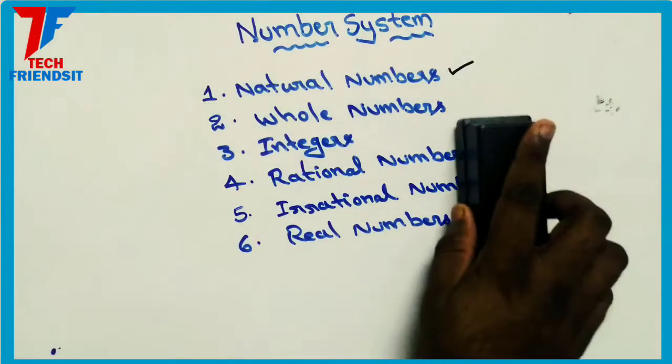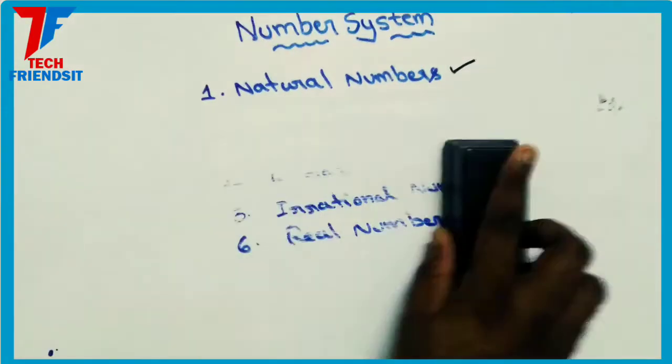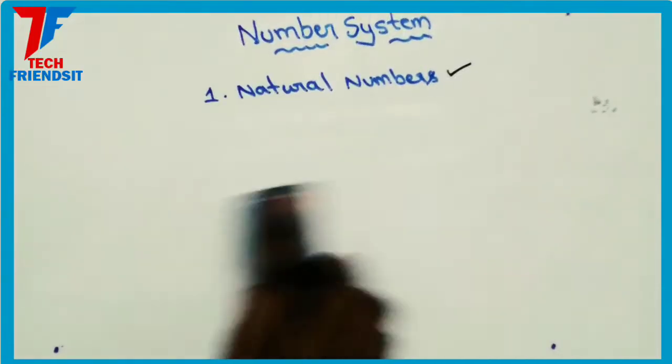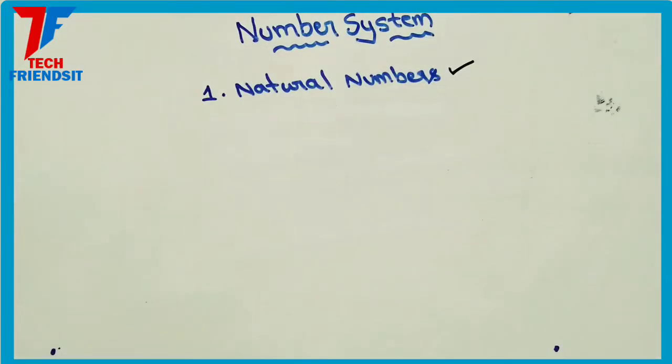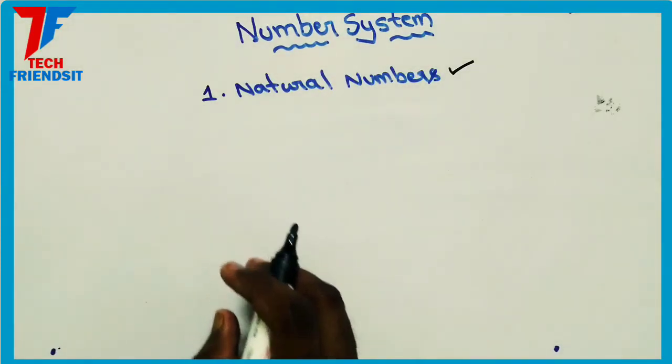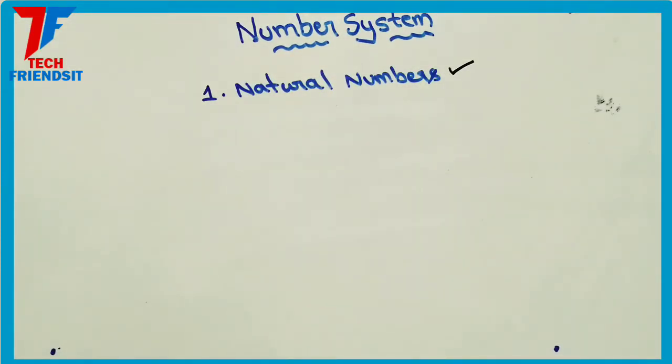What does natural mean? We know, right? While counting, the numbers we normally use are called natural numbers. It is also known as counting numbers.